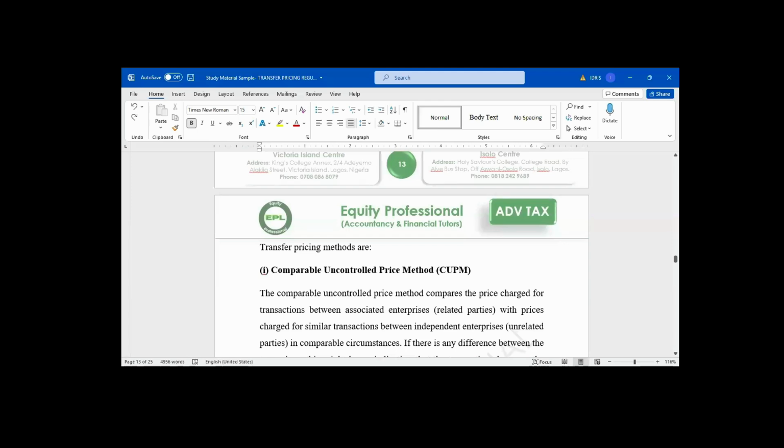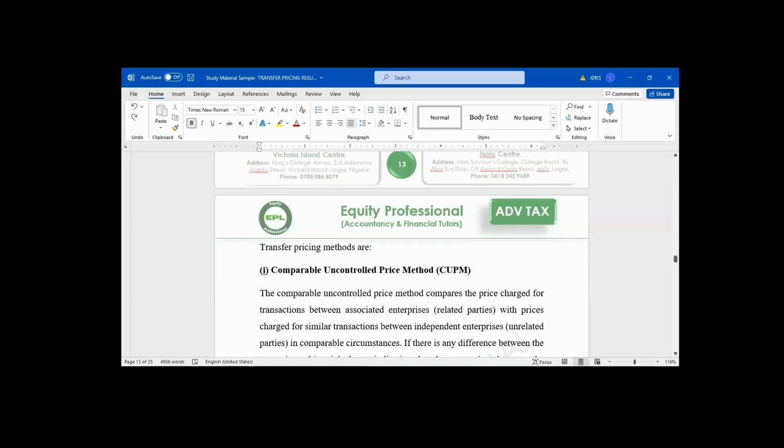What we are saying is, comparable uncontrolled price means, assuming A and B are related, they are members of the same group of companies. If A sells goods to B, what price does A charge? The price A charges should be the same as the price that would be charged by C and D. C and D are unrelated parties. They don't know themselves.